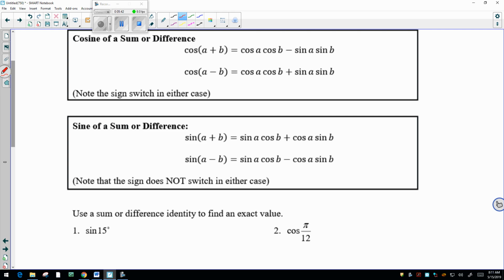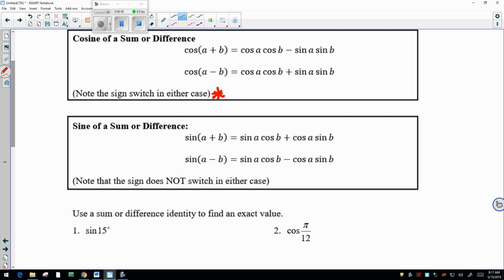So the cosine of a sum or a difference. Okay, so a couple of things to note here. When we're doing the cosine formula, notice that if I'm adding the angles, in the formula I'm subtracting. Notice in the cosine, I have cosine A, cosine B, and then it switches to sine A, sine B. So notice the sign change no matter what we're doing here.